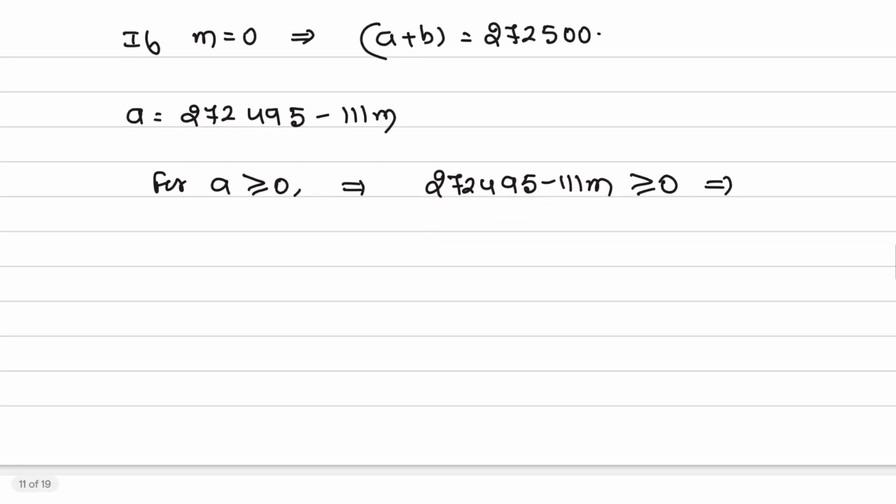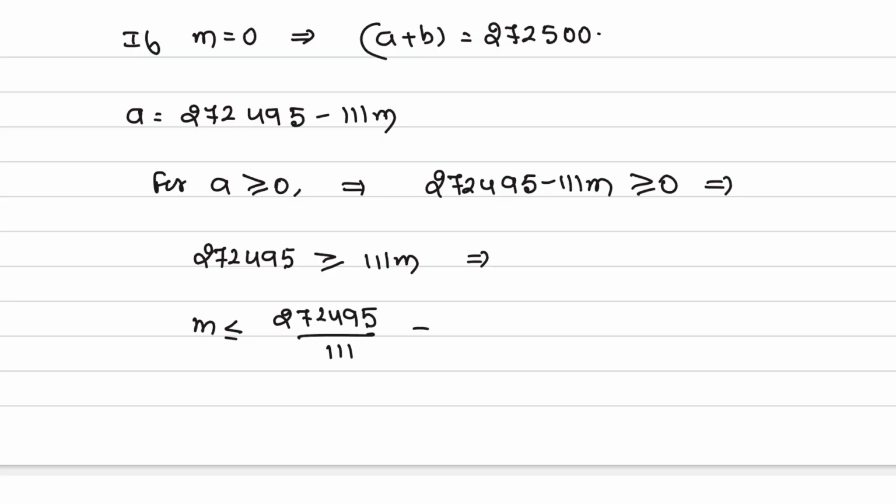Then 272,495 should be greater than 111m. That implies m should be less than or equal to 272,495 by 111. 272,495 divided by 111, that is 2454.9.